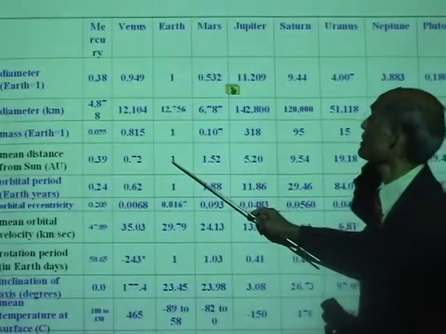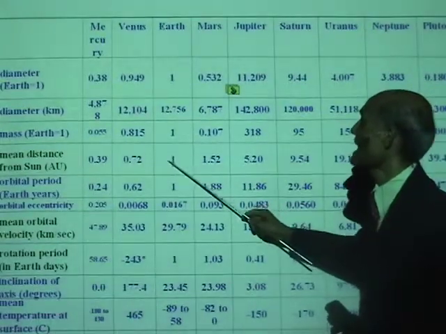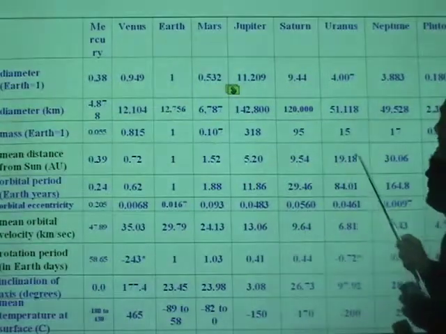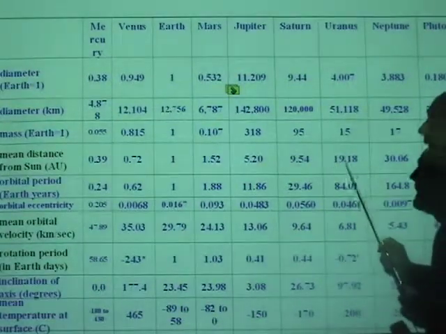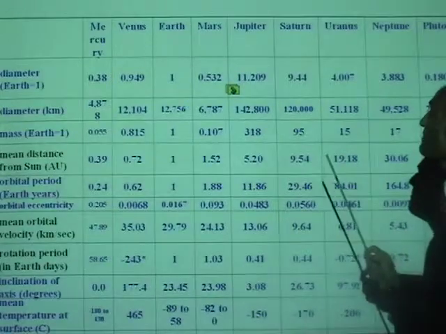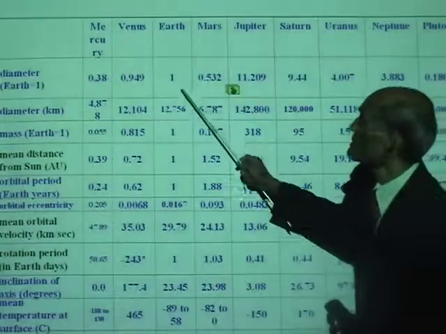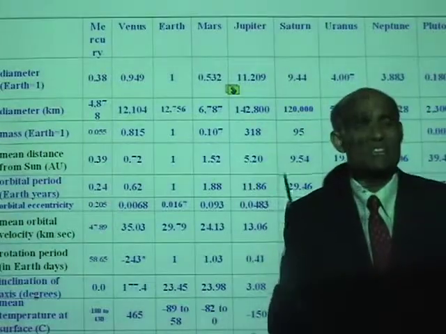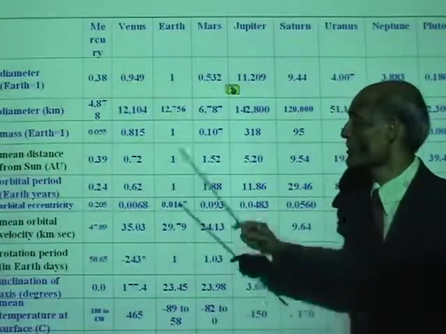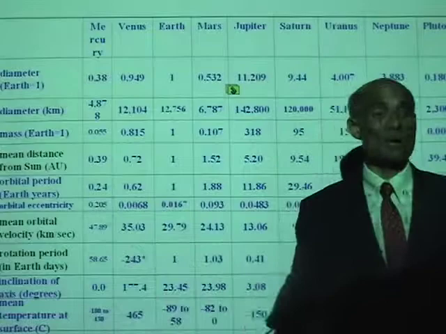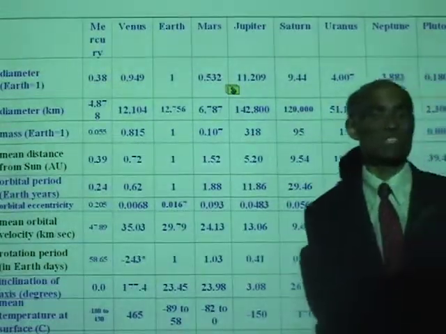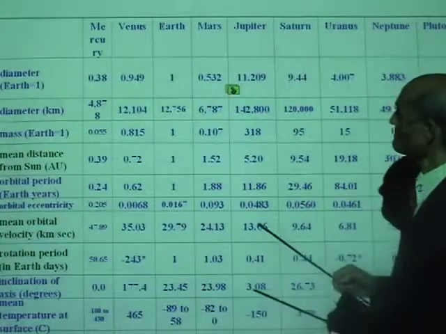What this means is, if this is 1 astronomical unit, then Uranus is 19.18 astronomical unit from the Sun. So look at this chart and get a picture of relative sizes, distances, the way they orbit around the Sun. This is a summary of all statistics about the planets.